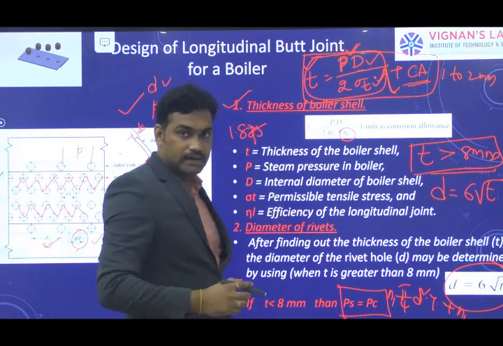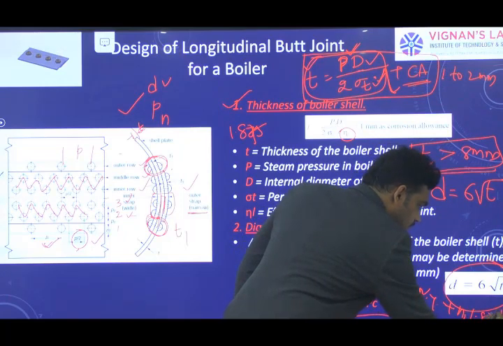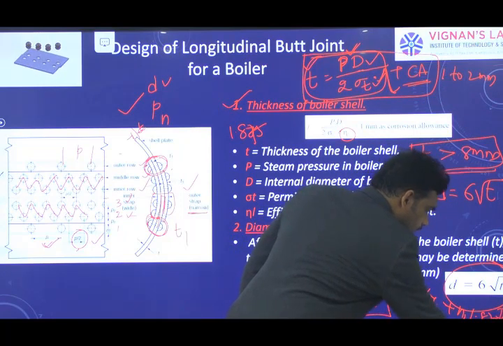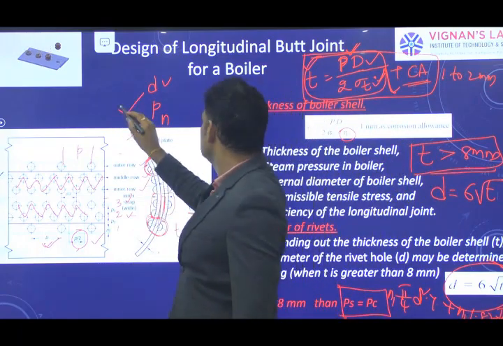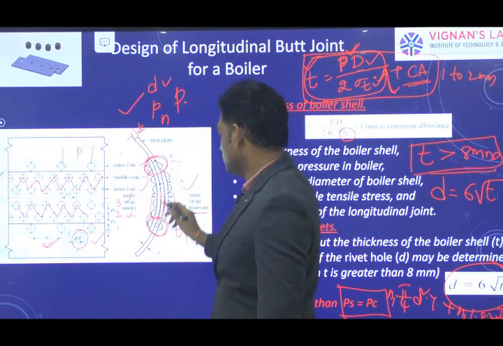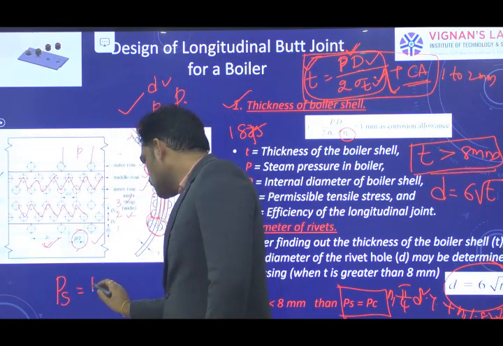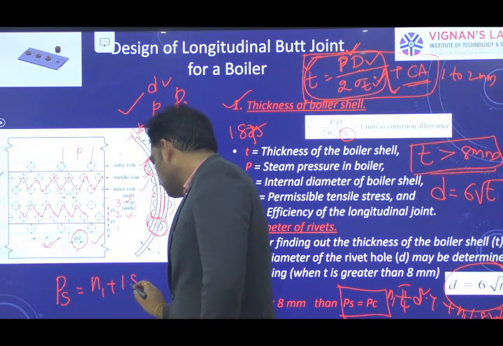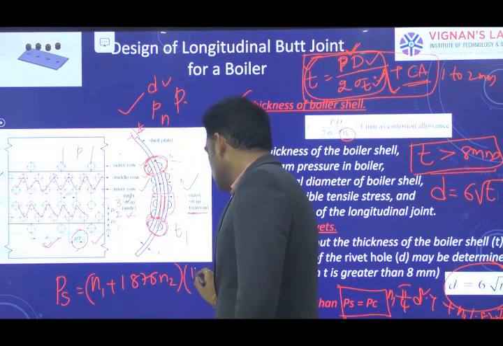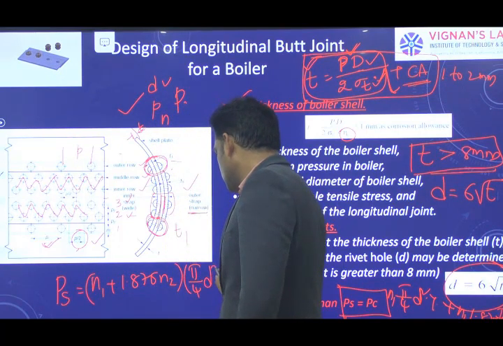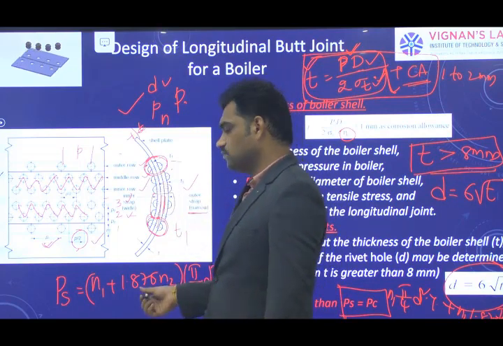So N2 into 1.875 πd²/4 into τ. Finally, the shear strength of rivets in this case can be written as (N1 + 1.875 N2) πd²/4 into τ. So this gives the shear strength for our case.